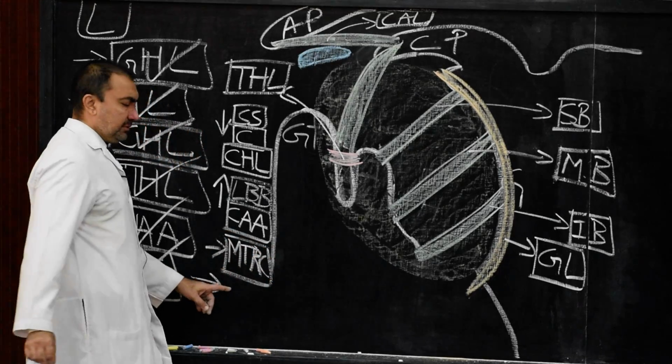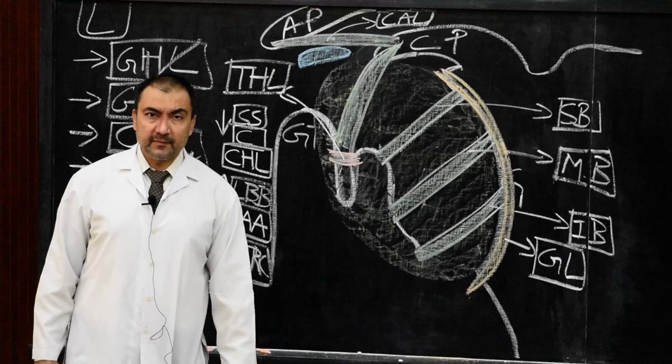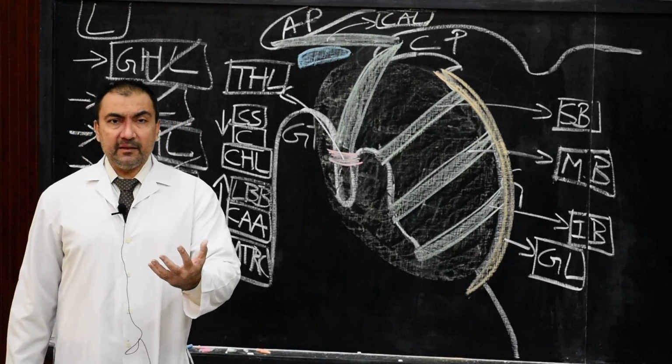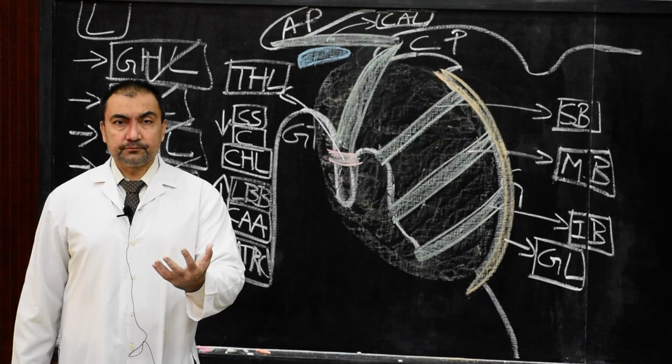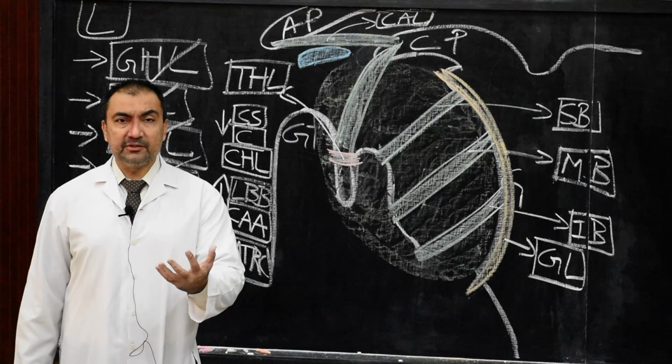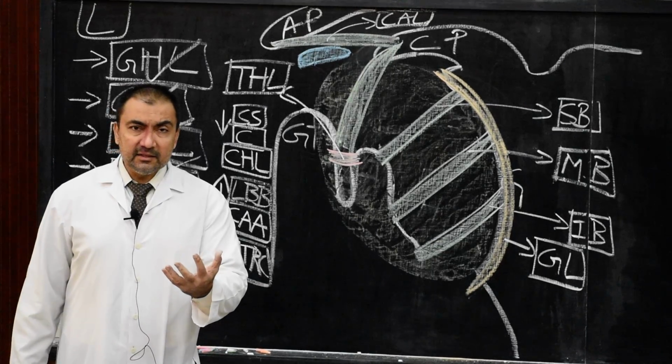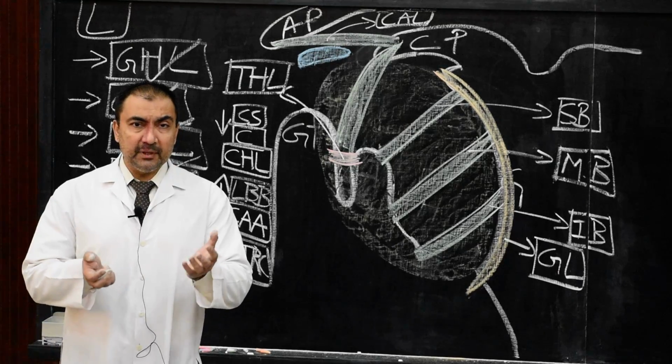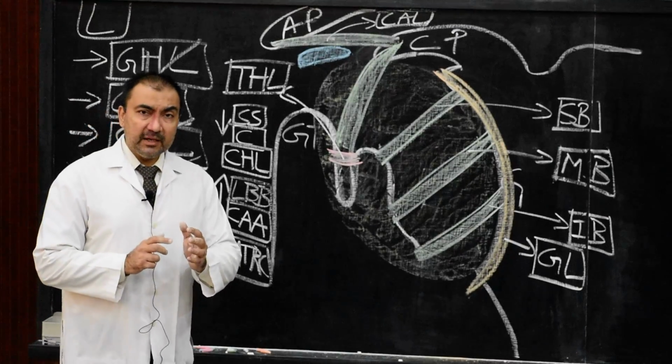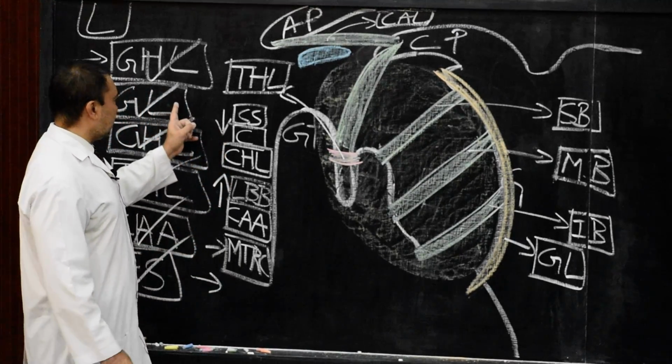And the last important point which you need to mention is that the glenoid cavity is very shallow. The entire glenoid cavity is very shallow, and it is deepened by the attachment of the glenoidal labrum.